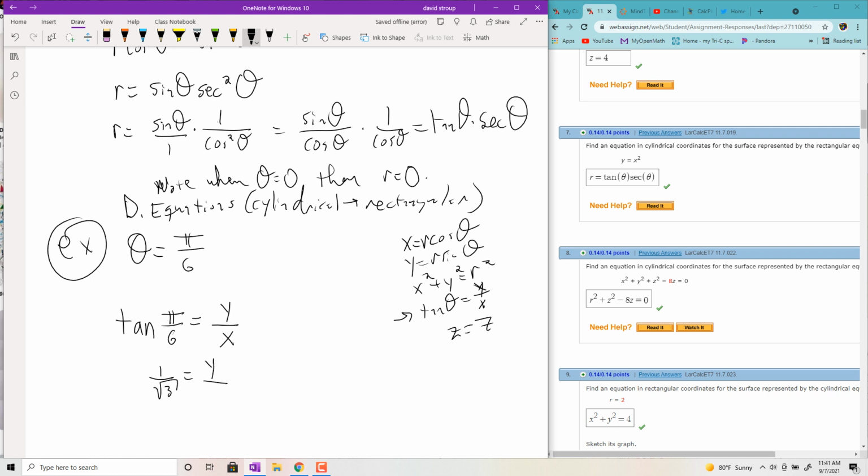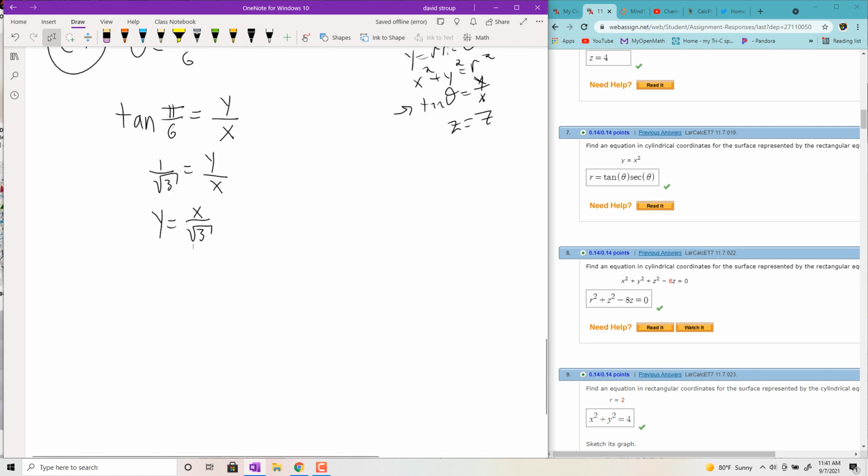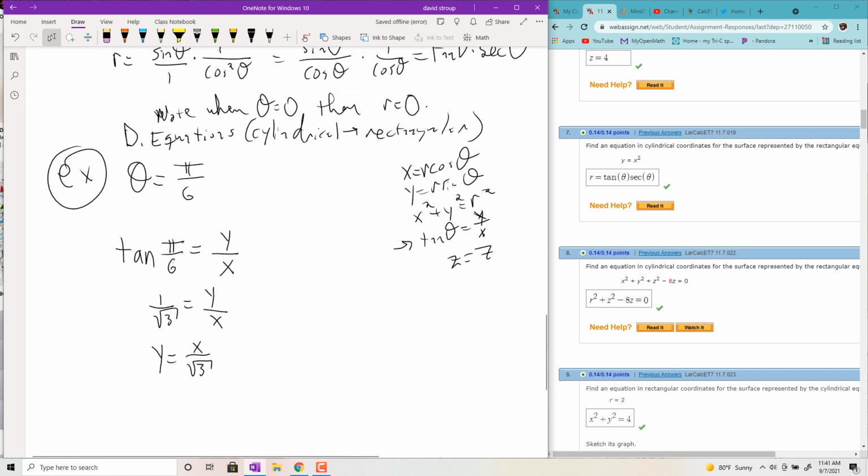So what do you get? You get an equation of a line, right? So you can solve for y equals x over root 3. And in this context, because we're in space, it's the equation of a plane, right? So you could probably draw it in space here, x, y, z.